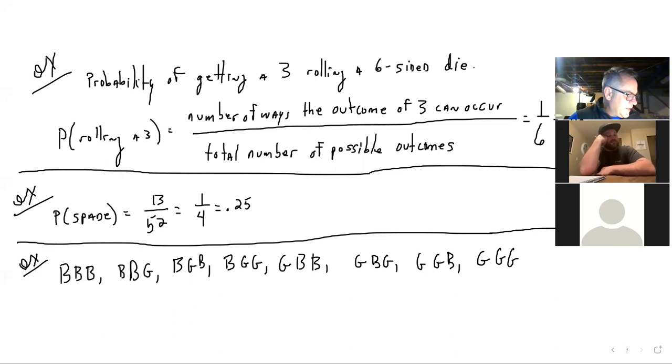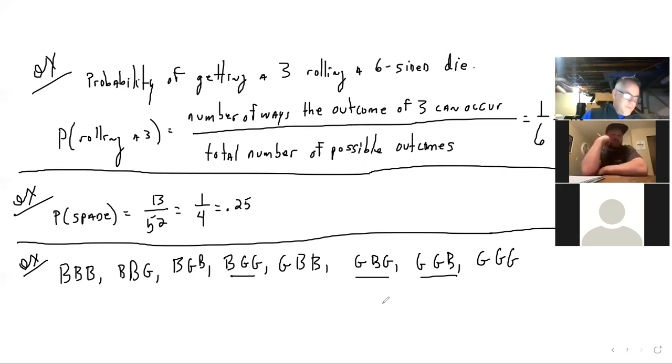Now, what we're looking at, again, out of these 8 possible outcomes, we want to know the probability that any randomly selected family with 3 kids has 2 girls and 1 boy. There are 3 possible outcomes here for that one event, that I randomly select a family that has 2 girls and 1 boy.